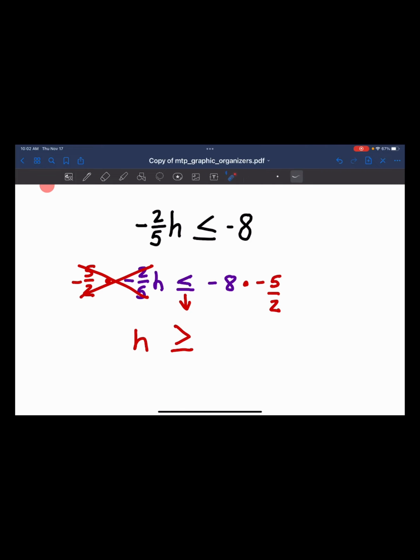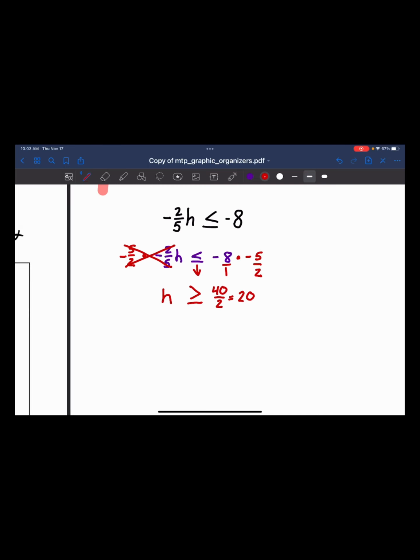Now we can go do this math. Did you notice that I wrote my 5 and my 8 at the same level? That's so that I can make 8 into a fraction so I can multiply these things. Negative 8 times negative 5 is a positive 40. 1 times 2 is 2. 40 divided by 2 is the same thing as 20. So now I'm going to go ahead and rewrite it.